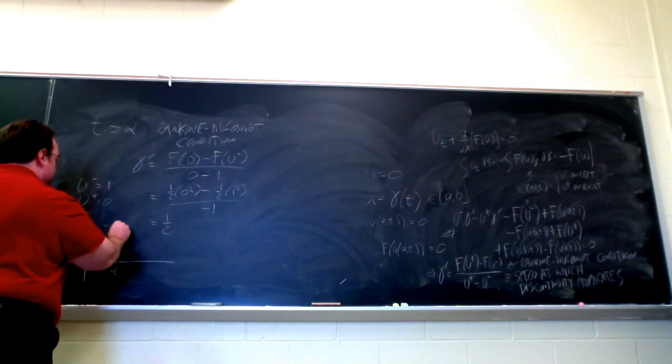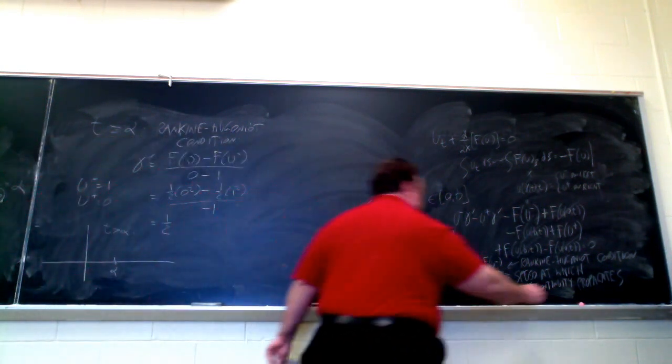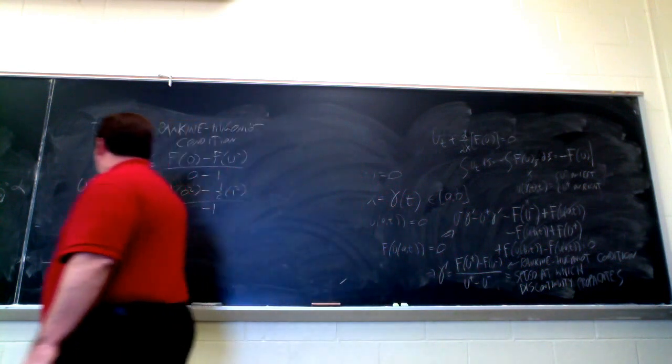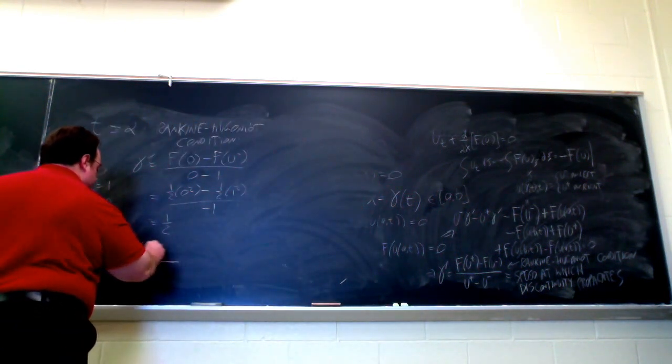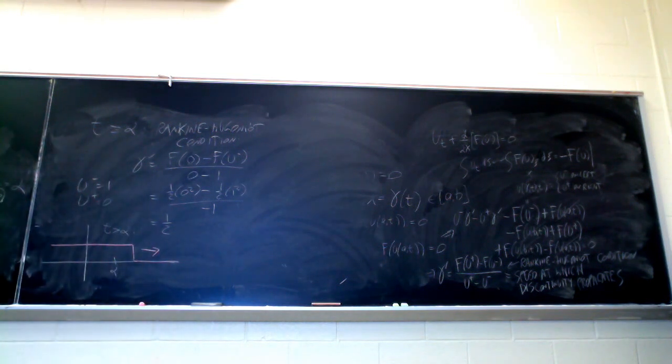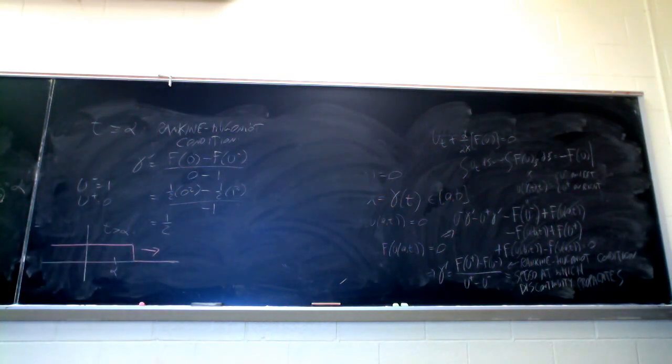So for t greater than alpha, this discontinuity has moved on, and it just keeps going. So for this particular equation, it's just going to keep traveling in that direction, and knowing its speed is 1/2, that'll tell us exactly where along the x-axis it is.